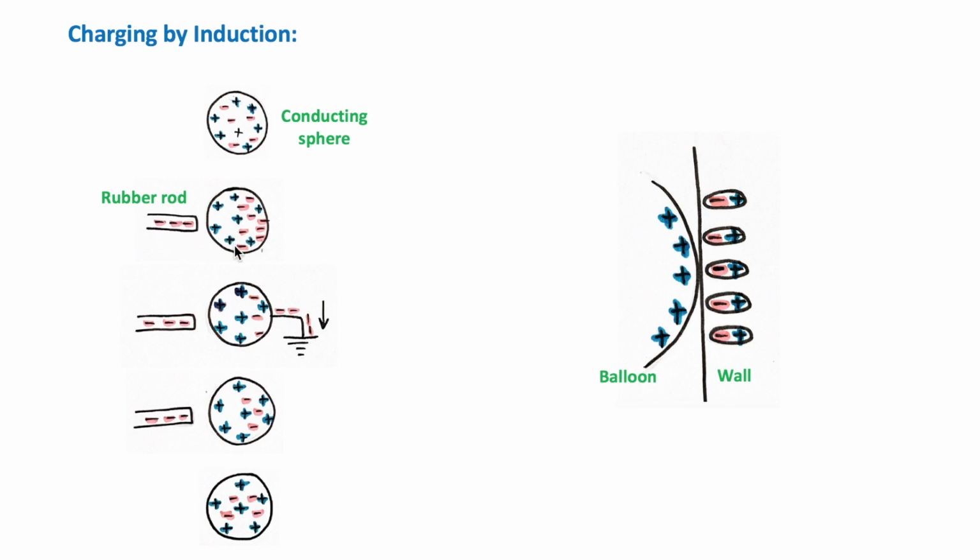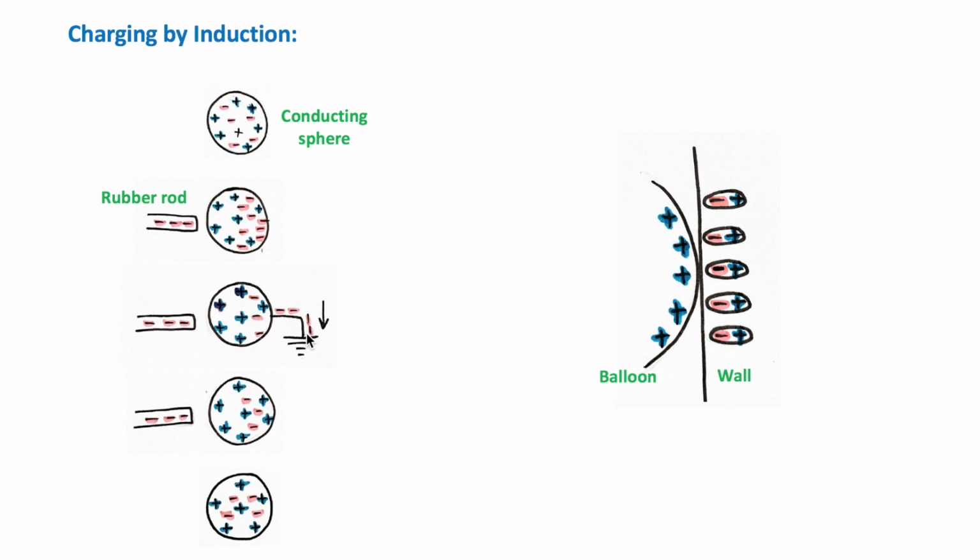And now, suppose we repeat the experiment, but we connect the sphere to the Earth by a conducting wire, shown by this symbol, which means that the wire is connected to the ground. And now, suppose we bring the charged rubber rod close to the sphere. Then some of the electrons in the sphere will be strongly repelled by the negative charge on the rod, so that they will move out of the sphere through the wire and into the earth.